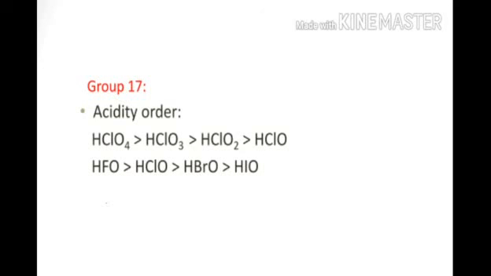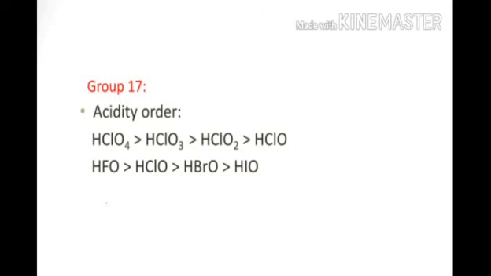Here we can look at the oxidation state of the chlorine atom present. In HClO, +1 oxidation state, HClO2, +3 oxidation state, HClO3, +5 oxidation state, HClO4, +7 oxidation state. We know that chlorine is a more electronegative element, and now the charge is also higher, that is +7 oxidation state.